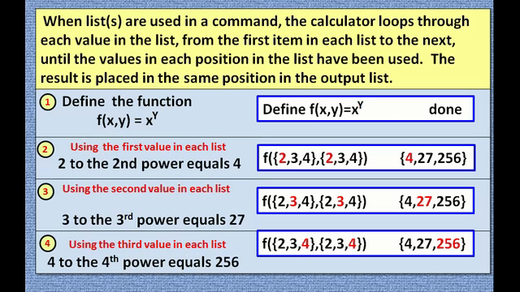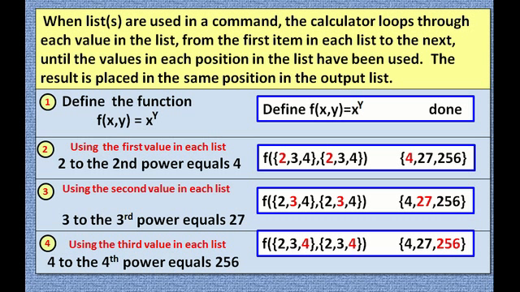When lists are used in a command, the calculator loops through each value in the list from the first item in each list to the next until the values in each position in the list have been used. The result is placed in the same position in the output list. Step 1. Define the function of x and y equals x to the yth power.